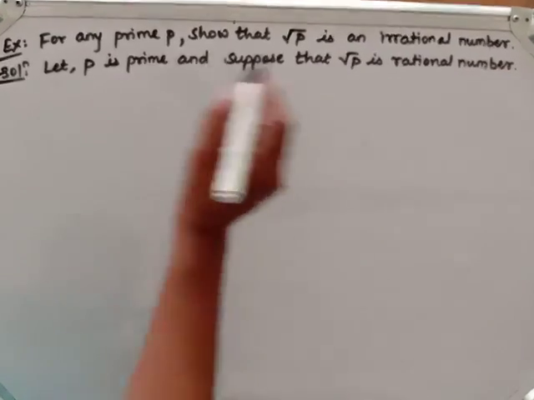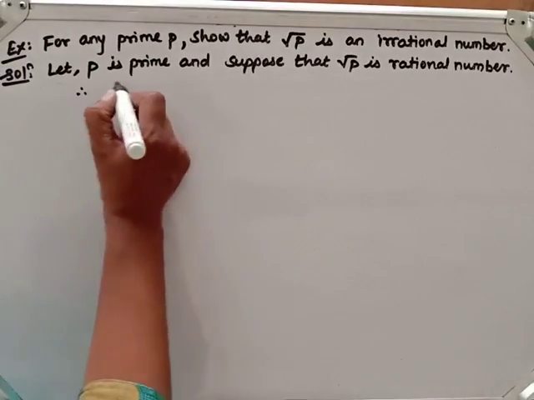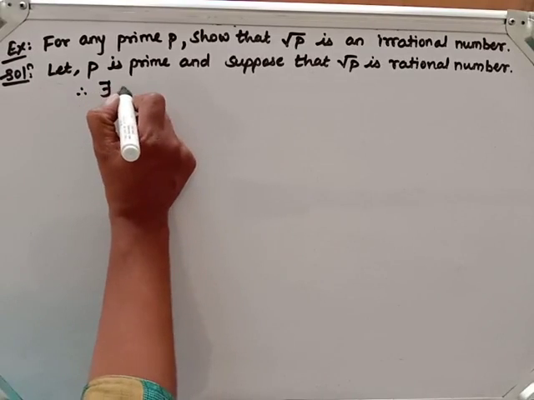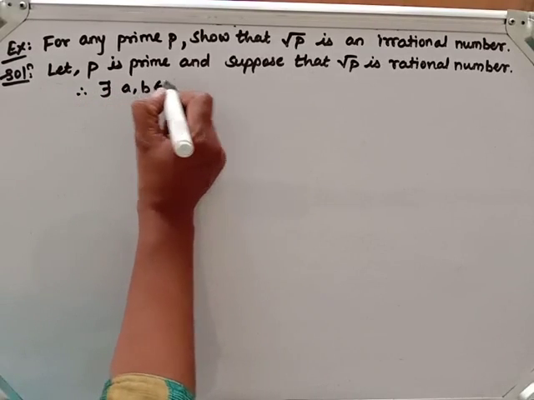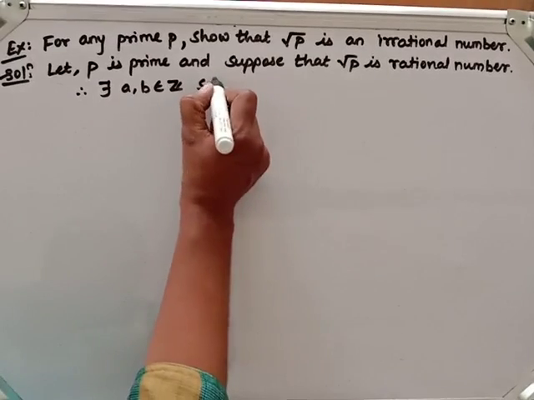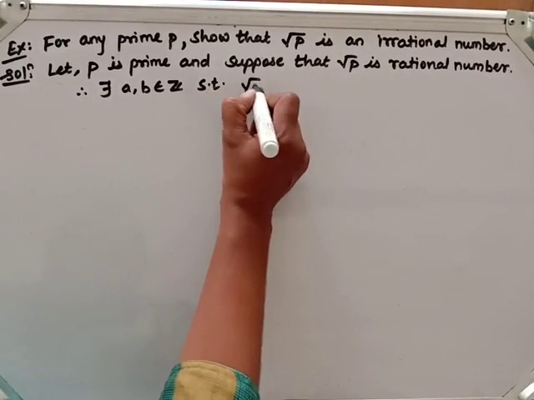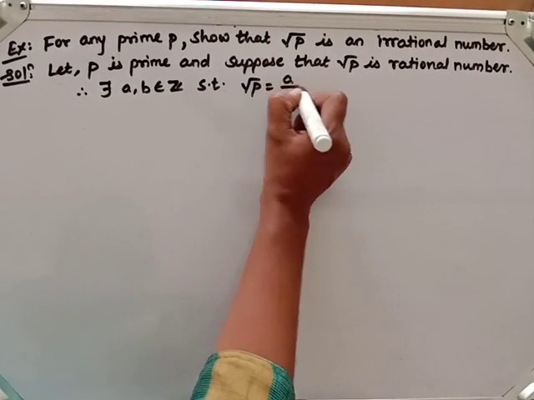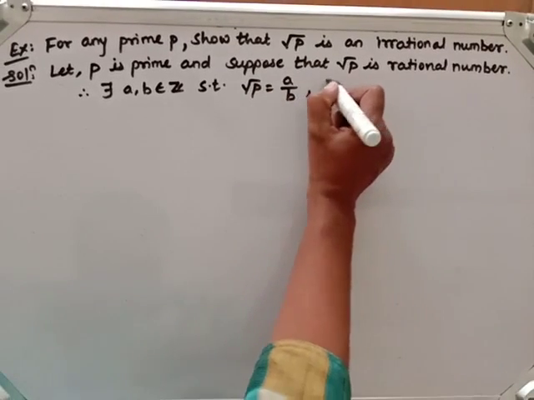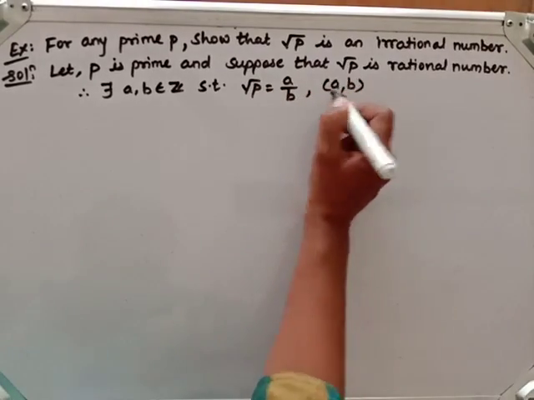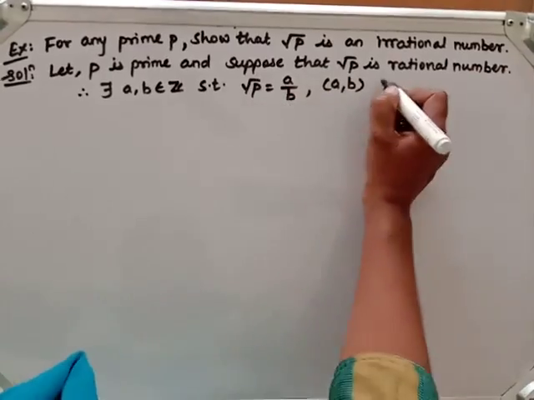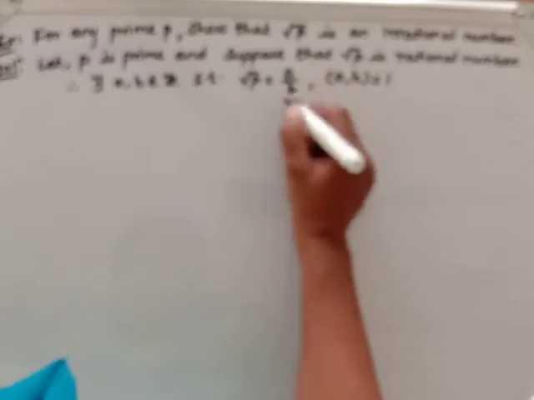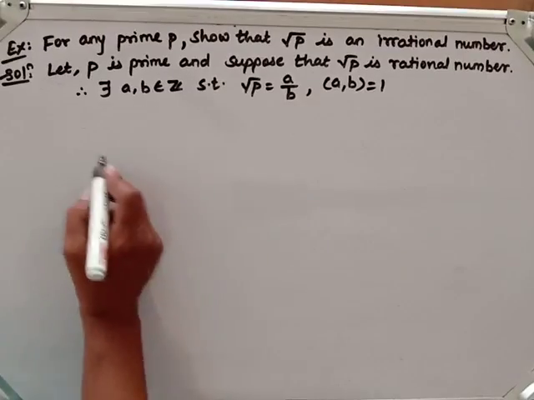Then there exist integers A, B such that square root P is equal to A upon B in reduced form, so the GCD of A and B is 1.